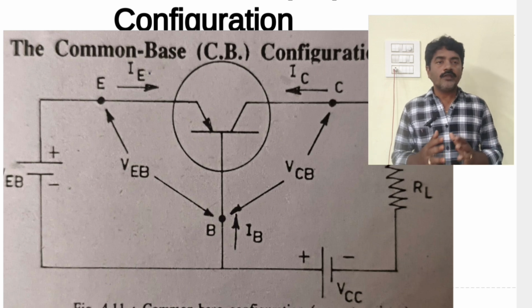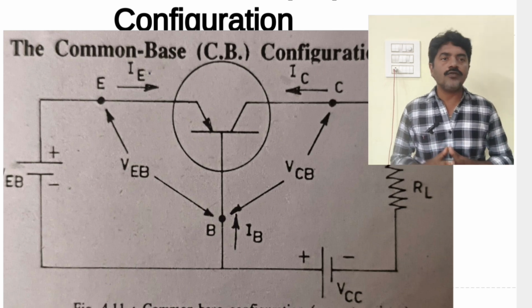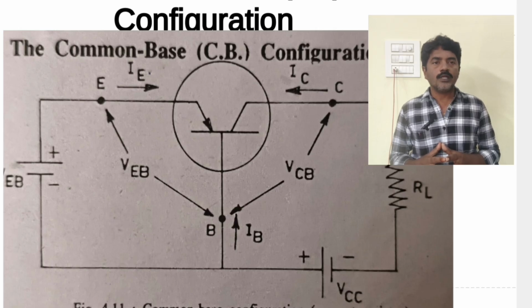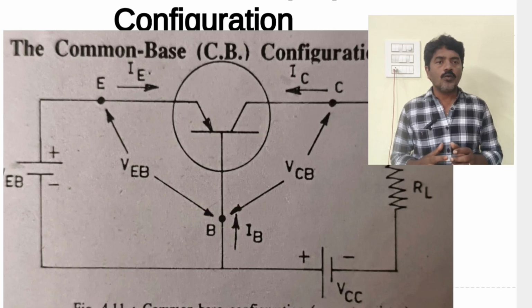The input supply voltage is VEB, the voltage at the emitter-base terminal, and the input current is the emitter current. In the output circuit, the voltage at collector to base is VCB, and the output current is the collector current.